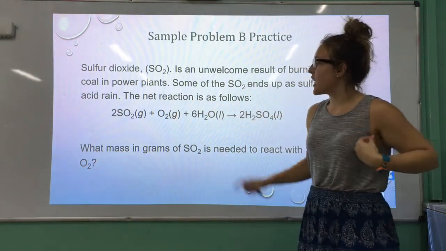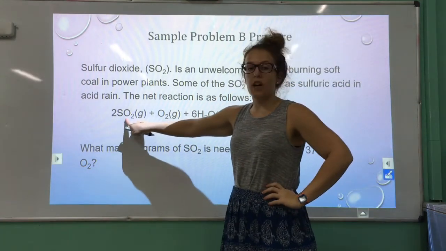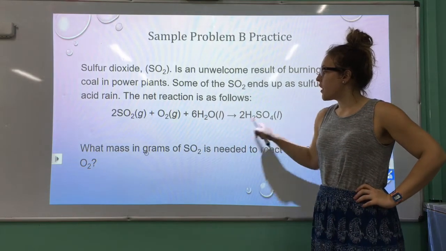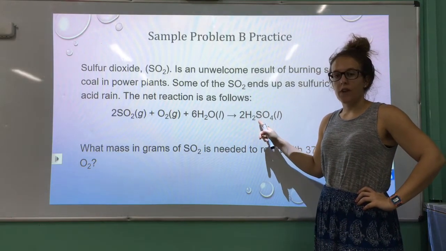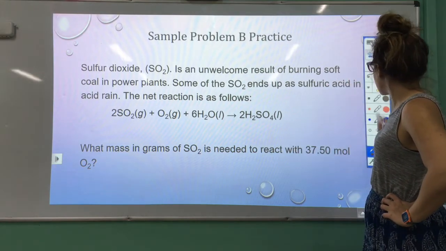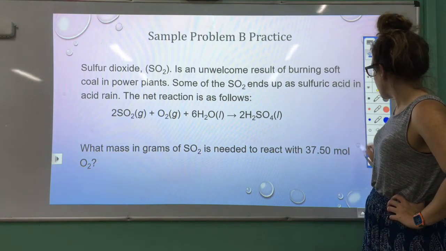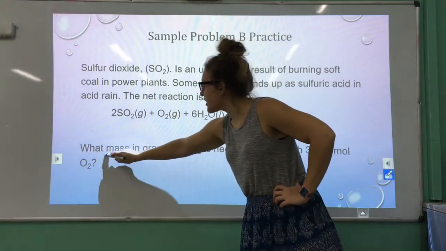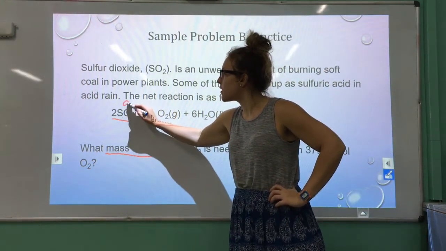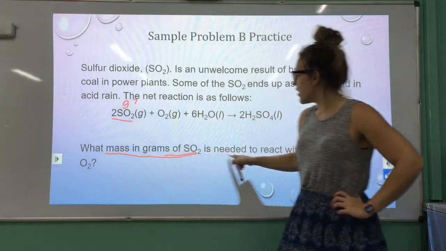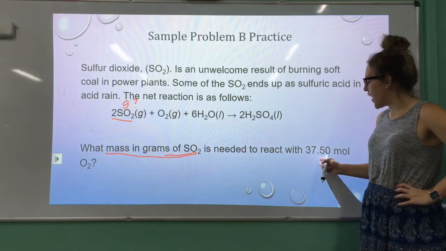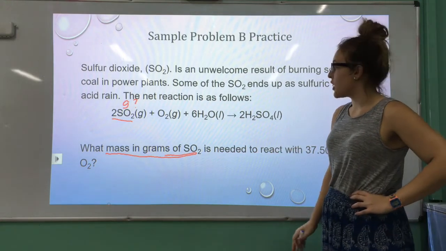The net reaction is as follows. We have sulfur dioxide plus oxygen plus water yields sulfuric acid. So we want what mass in grams of SO2 is needed to react with 37.5 moles of O2.